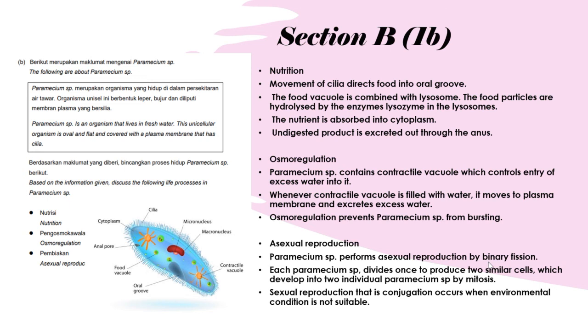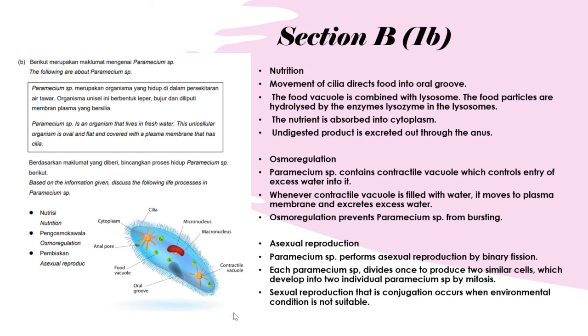The paramecium performs asexual reproduction by binary fission. 1 mark here. Each paramecium divides once to produce 2 similar cells, which develop into 2 individual paramecia by mitosis. So this refers to another mark. Each paramecium divides and produces 2 similar cells by mitosis.